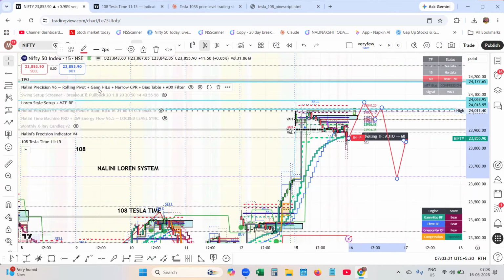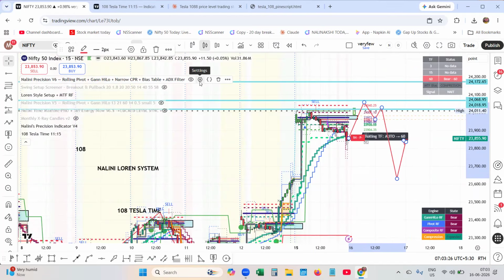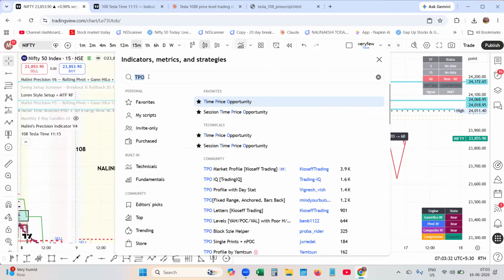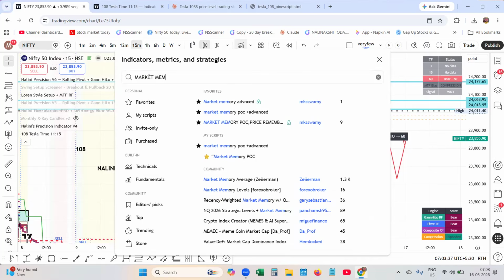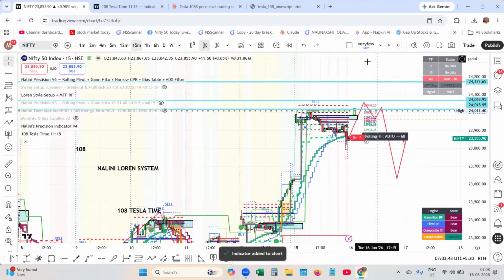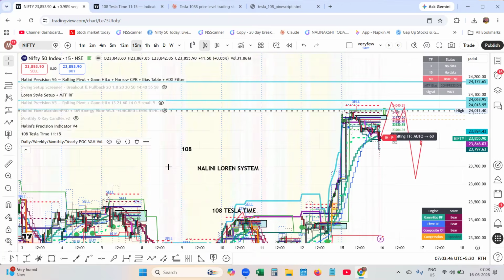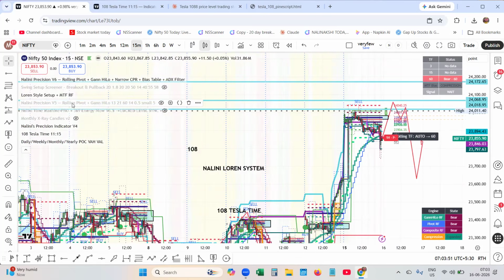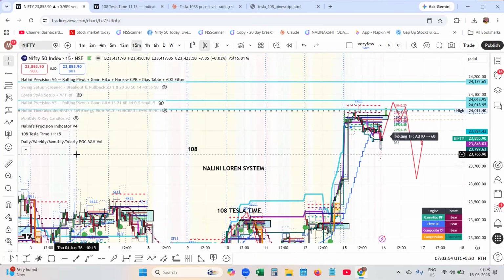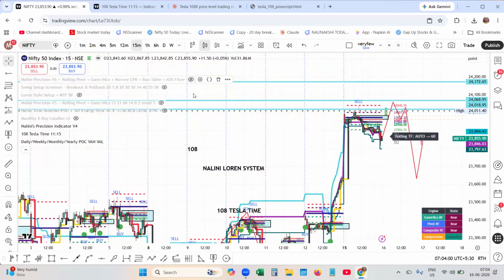Let me take out the TPO. TPO is not accessible for all the people. For that, I have coded market memory. Okay, I will hide everything, the Nalini Lorentz system, and enable only the Nalini precision engine.